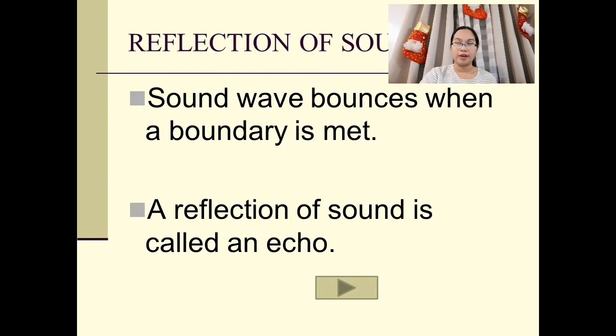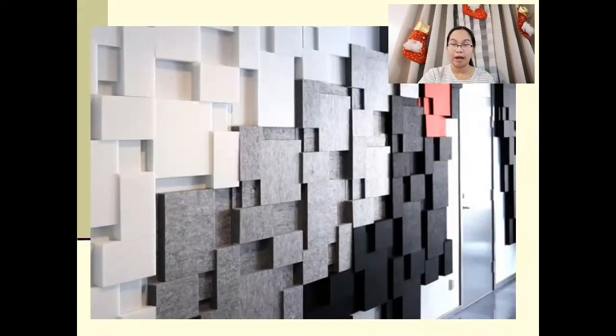Okay, let's define it again. Reflection of sound: a sound wave bounces when a boundary is met, and a reflection of sound is also known as an echo. Now, how much the sound is reflected depends on the material of the boundary. So, for example, you can see this is a padded wall.